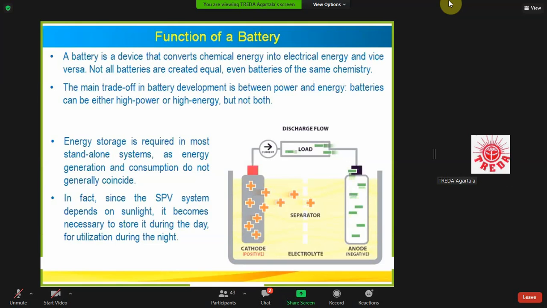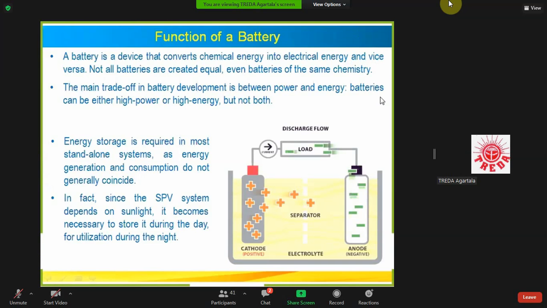Even after the system is developed, for ultimate use there are so many types of battery connections. I'll go over these connections, but now the main trade-off of the battery development is between higher power or higher energy, but not both.